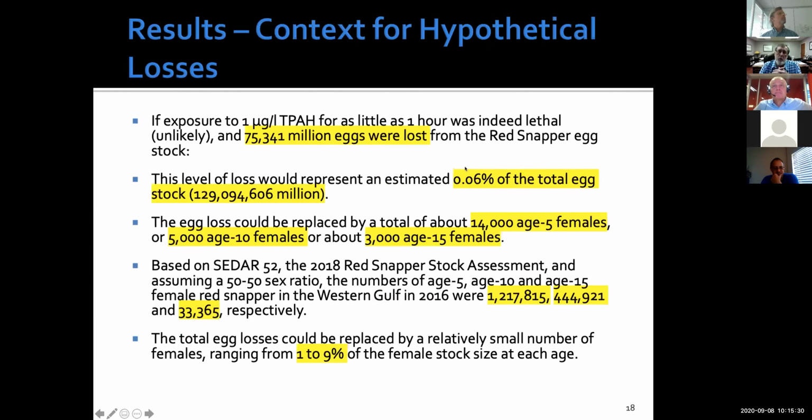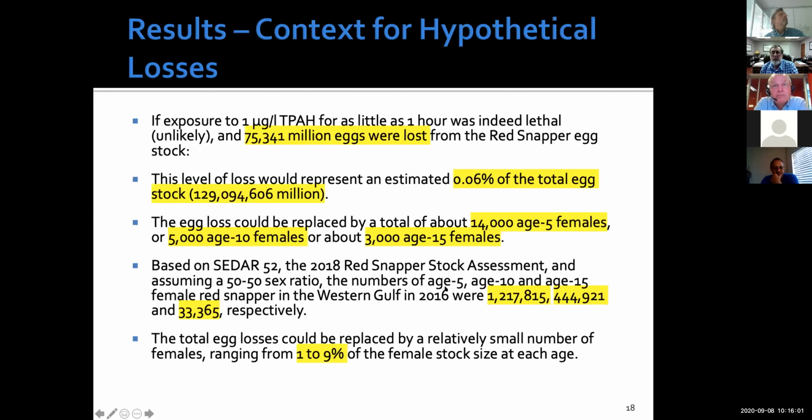If that exposure to 1 microgram for as little as an hour was indeed lethal, and you lost 75,341 million eggs, that would represent a loss of 0.06% of the total egg stock. Those egg losses could be replaced by a total of about 14,000 age 5 females, 5,000 age 10, or 3,000 age 15.